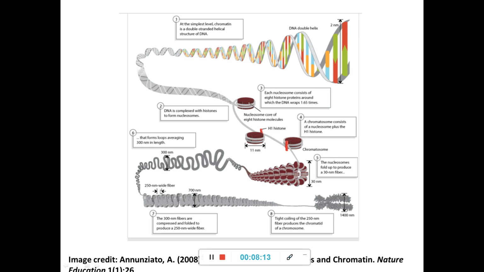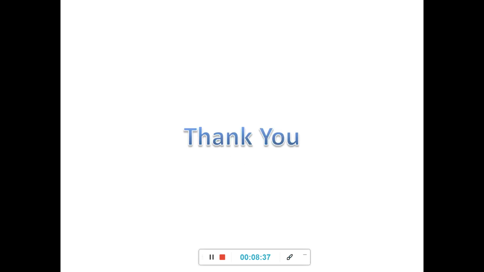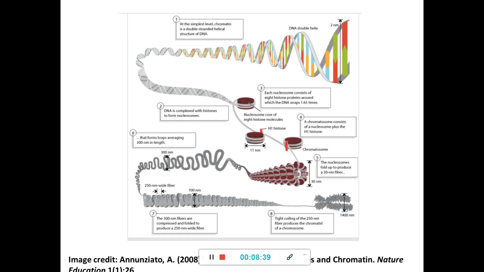This 300 nanometer fiber is again compressed and folded to produce a 250 nanometer wide fiber, which has a diameter of about 700 nanometers. The tight coiling of the 250 nanometer fiber produces the chromatid of the chromosome. And finally, you get the chromosome.